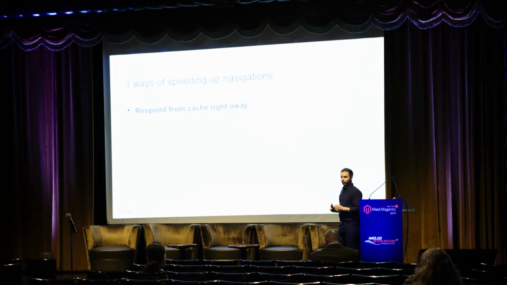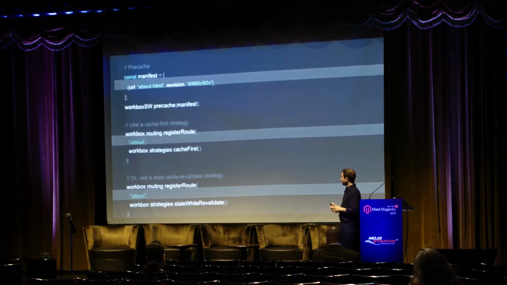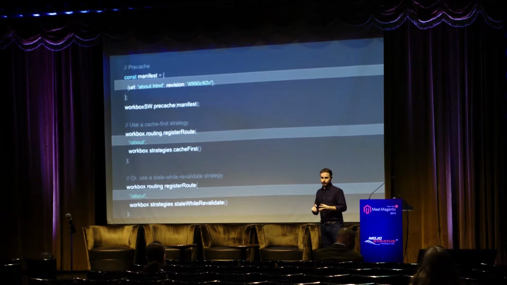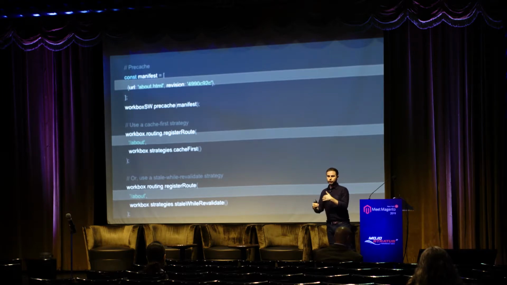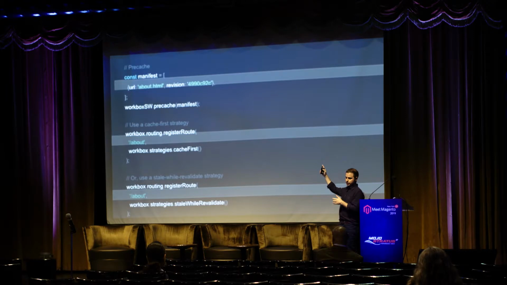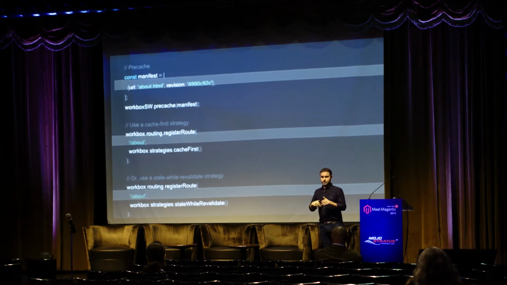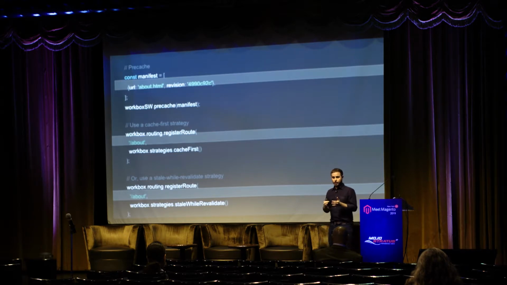First strategy we're going to talk about is responding from the cache right away. There are basically two different ways of doing that. If you have static pages, like for example the about page of your site, that's only going to change when you run the build process, you can pre-cache that page. And if you have pages that change often, for example, product pages, what you can do is apply a runtime caching strategy.